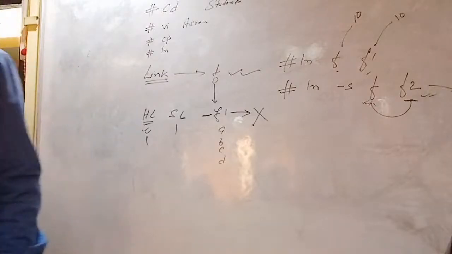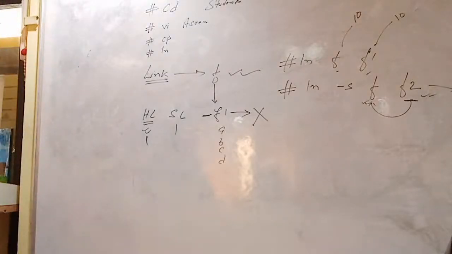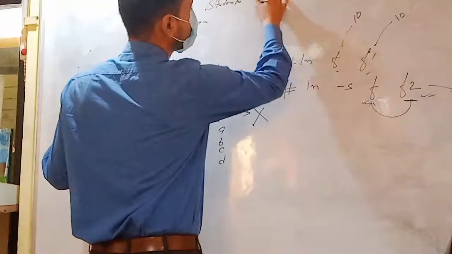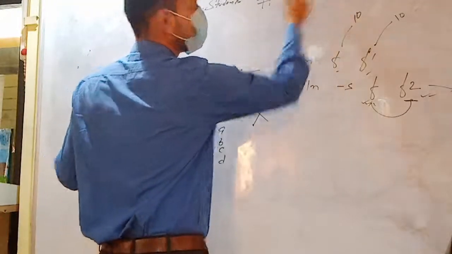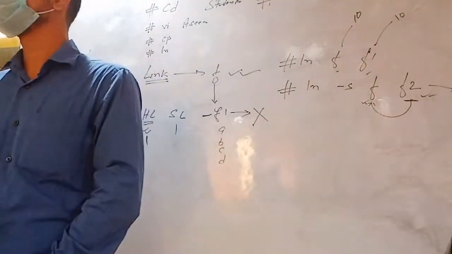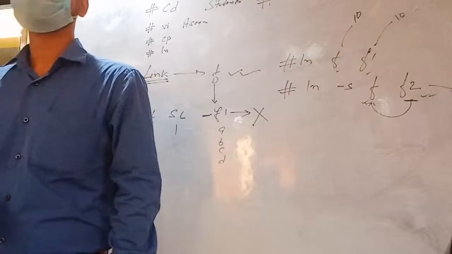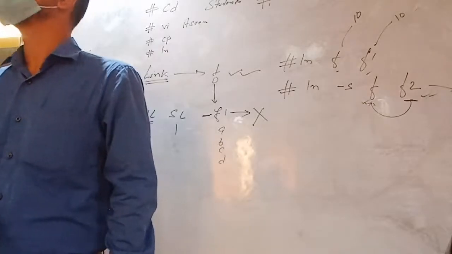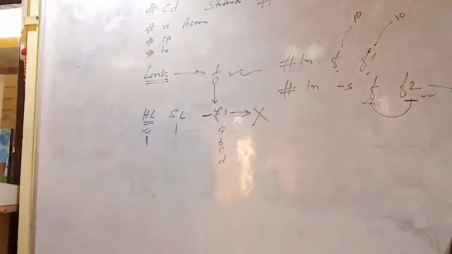So I have a question, sir. What is the use of the wc command? Word, character, and lines. It shows how many lines, how many words, and how many characters are present in a file.